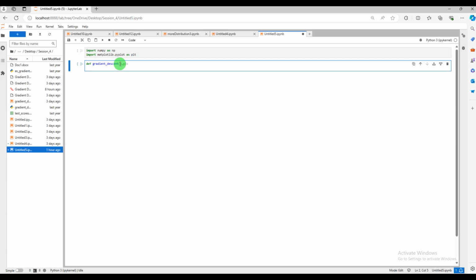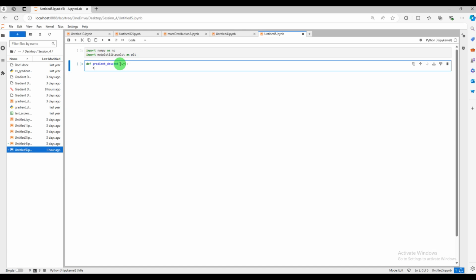Okay, after that we need to initialize the slope m_curr as our slope coefficient and the intercept b_curr, the current values of the linear model, to 0.